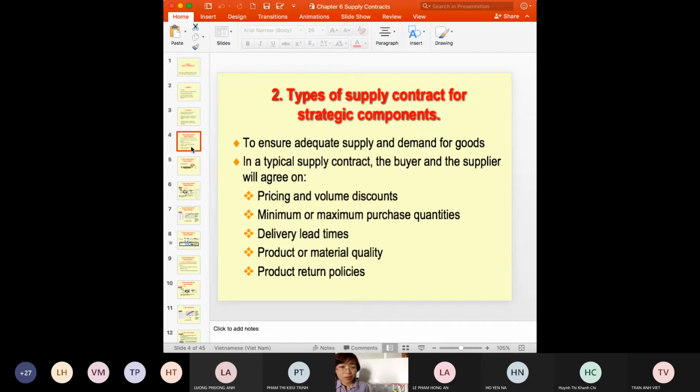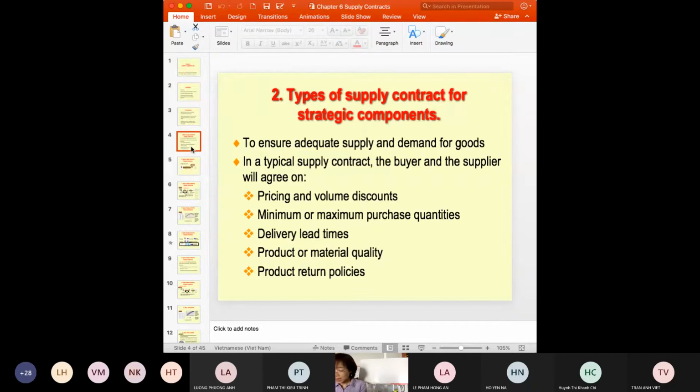In here, the typical supply contracts between buyer and supplier, they will agree on several factors like pricing and volume discounts, maximum or minimum purchase quantities, delivery lead time, which means how you deliver and when, the product or material quality, and product return policies.